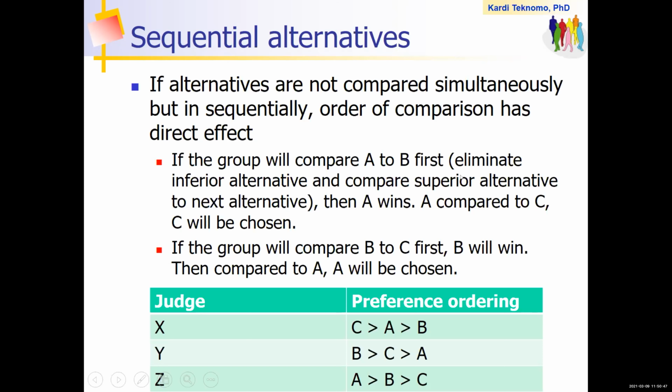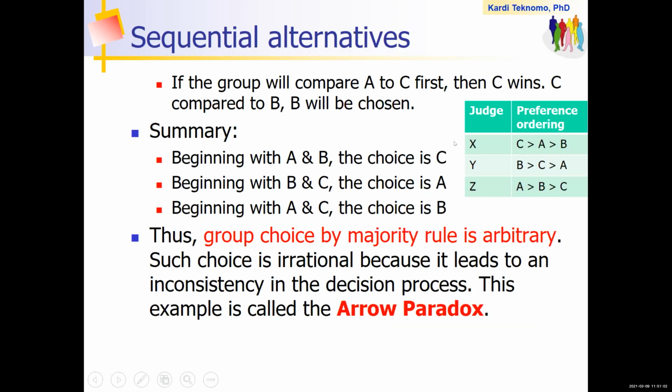So remember, in preferential ordering like this, the sequence matters. Okay? So if the group compares A to C first, then C will win. Right? And then if C is compared to B, B will be chosen.